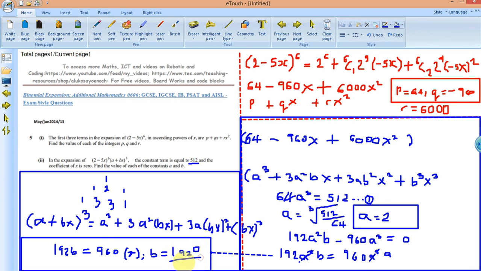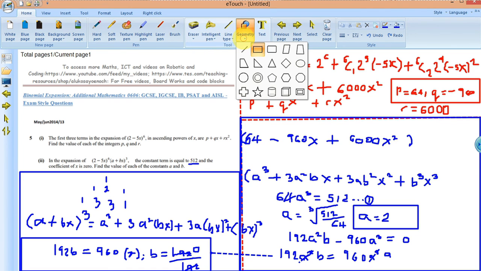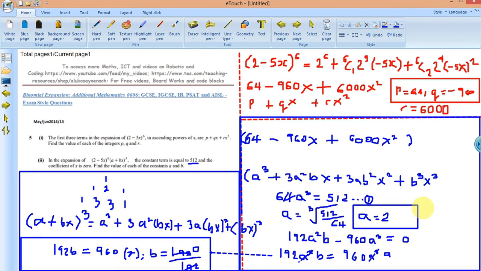So you can see that if we take this one off here, 1. So b is 10. Finally, I can conclude that the value of b is 10. Let me put it in a rectangular box. So the value of b is 10.